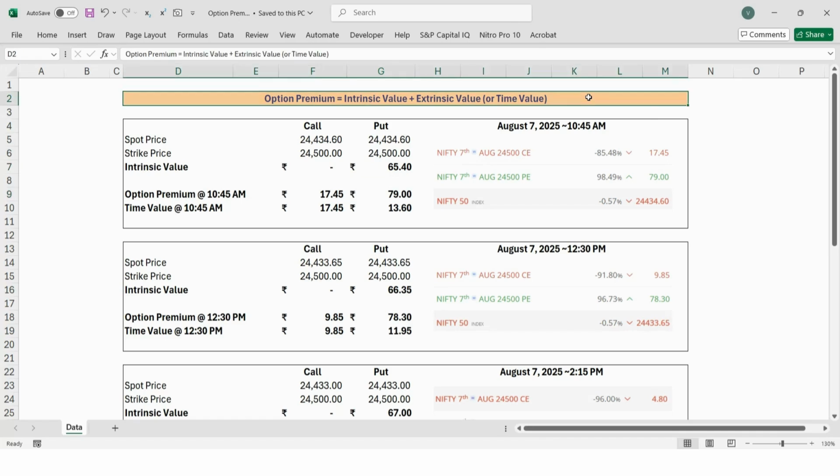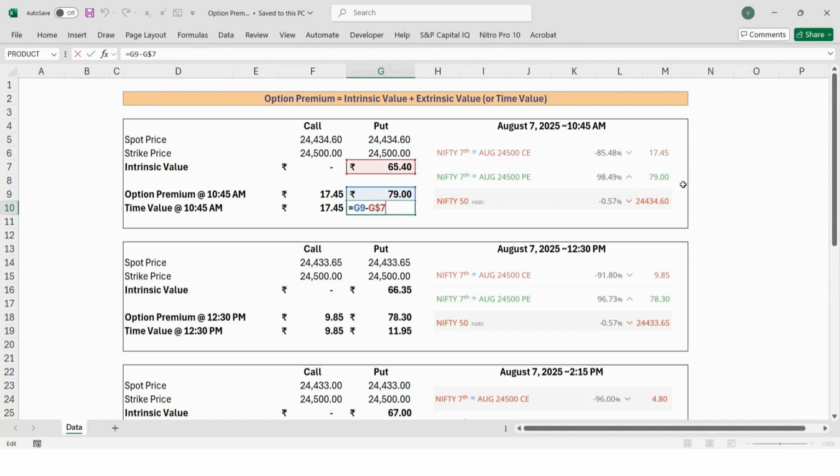if I go by the equation of option premium, which says option premium is equal to intrinsic value plus extrinsic value or time value, that automatically means if the option premium is 79 rupees, the 13 rupees additional that you are paying to buy that option is time value, because your intrinsic value was 65.